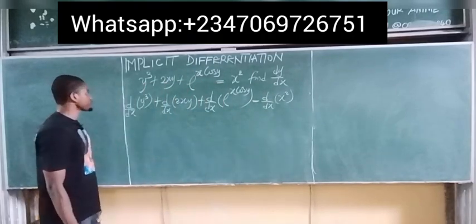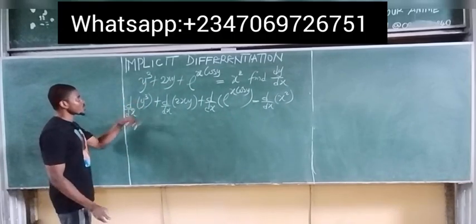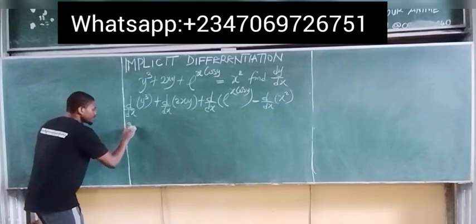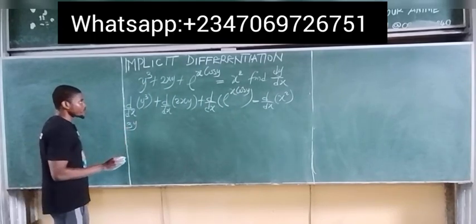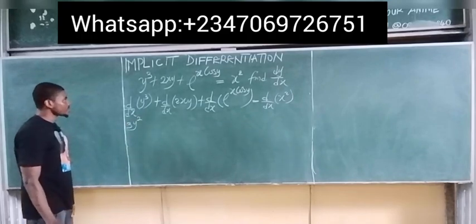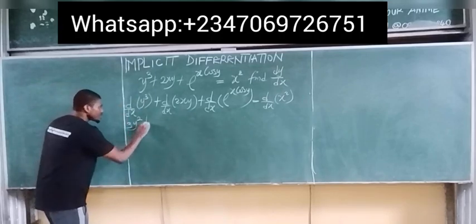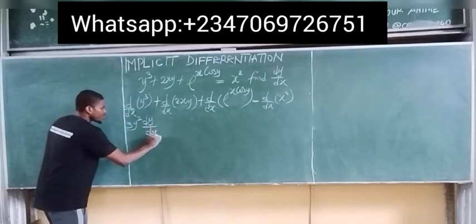So I have this. Of course, if we differentiate y cubed, use the power 3 multiplied by y, subtract 1 from the power, 3 minus 1 becomes 2. So I have 3y squared. And since I'm differentiating y with respect to x, I will simply attach the dy/dx.